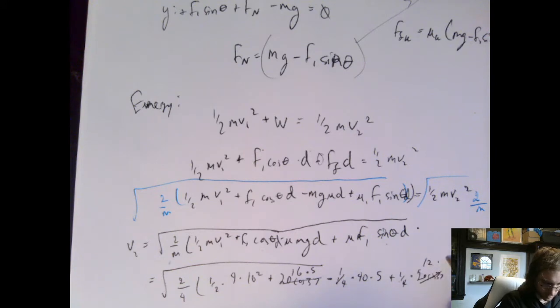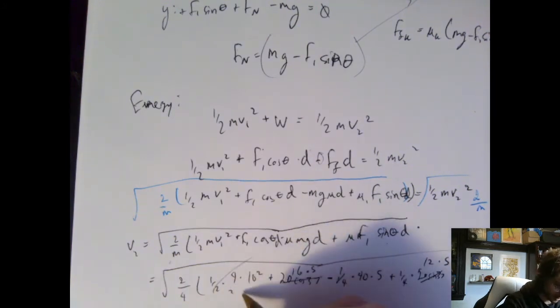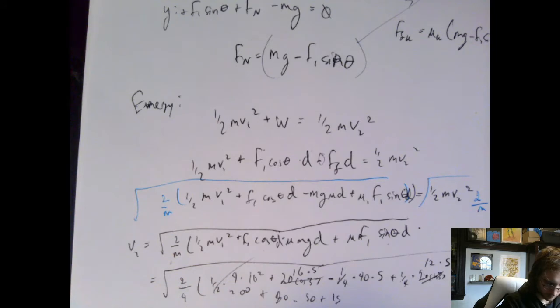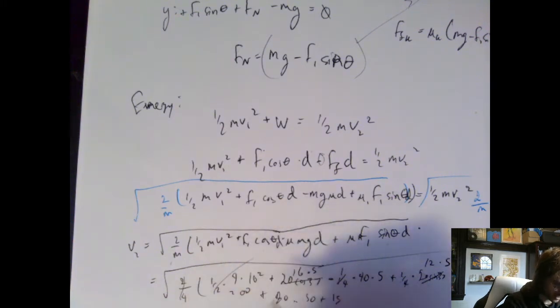is 12 times 5. That's all getting square rooted, so 200 plus 80 minus 50 plus 15, which gives us, oh, times a half.